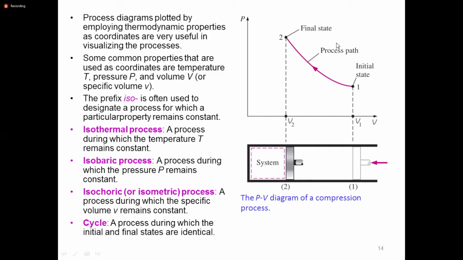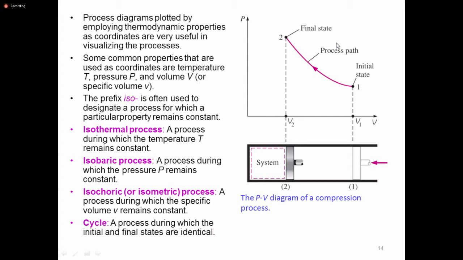By keeping one thermodynamic property constant and understanding the behavior of change with respect to other thermodynamic parameters, such processes we generally prefix with iso. Iso means keeping that term constant and trying to observe the behavior of change of other thermodynamic properties on that thermodynamic plane. Some common properties used are temperature, pressure, and volume.